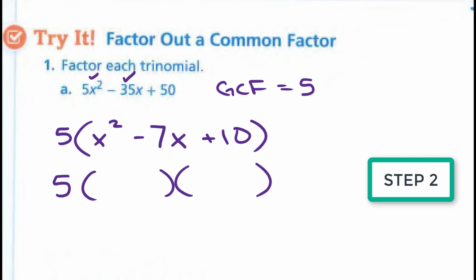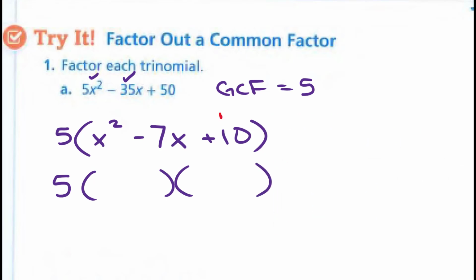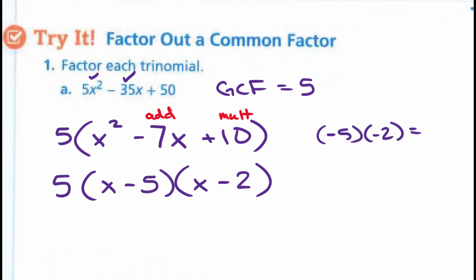So just like before, we need to find two numbers that multiply to get 10 and add to get negative 7. That seems like the number pair will be 5 and 2, but we'll need to make them negative. So x minus 5 and x minus 2. Remember, negative 5 times negative 2 gives us positive 10.